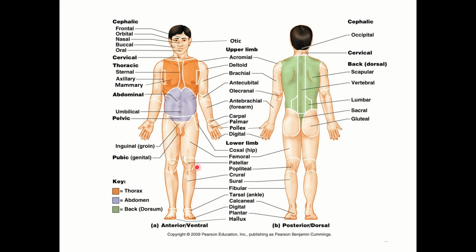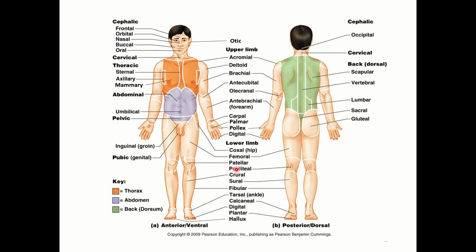Lateral lower leg is fibular. The ankle is tarsal. The heel is calcaneal. The bottom of the foot is the plantar region. And then the big toe is called the hallux. And then the remaining toes are digital.